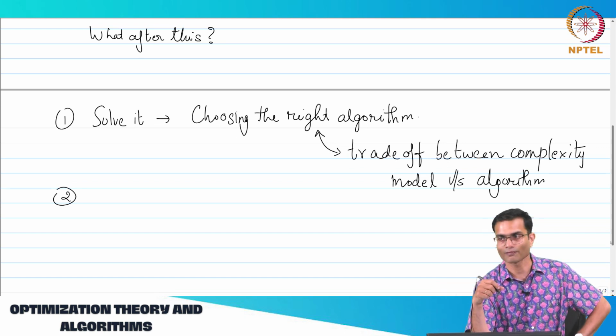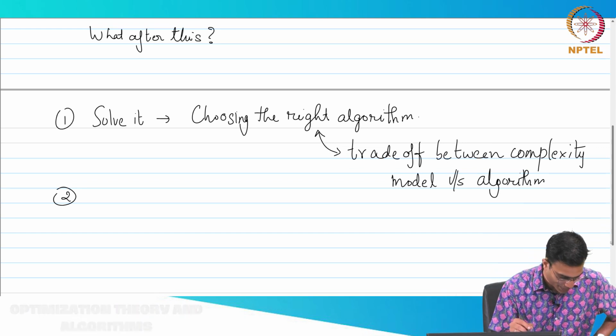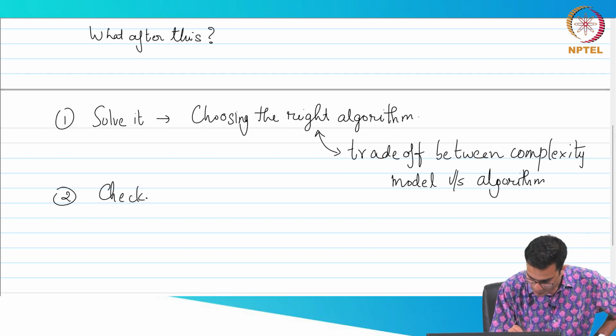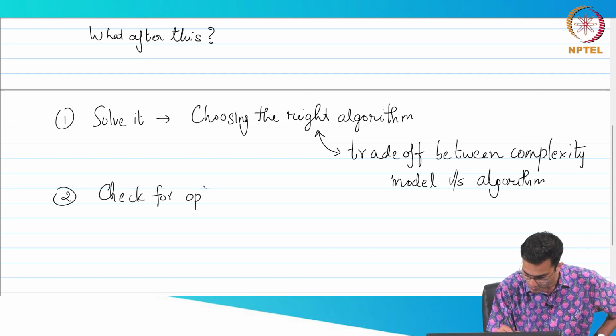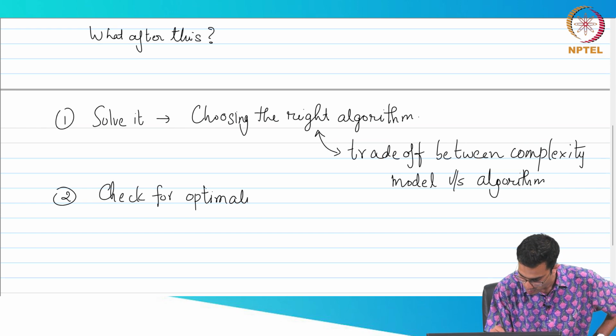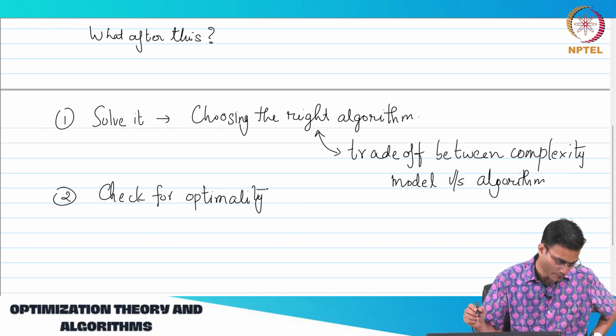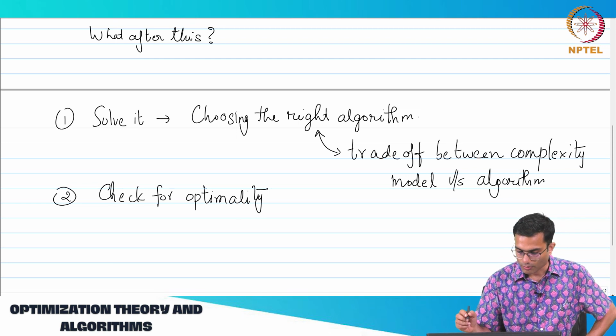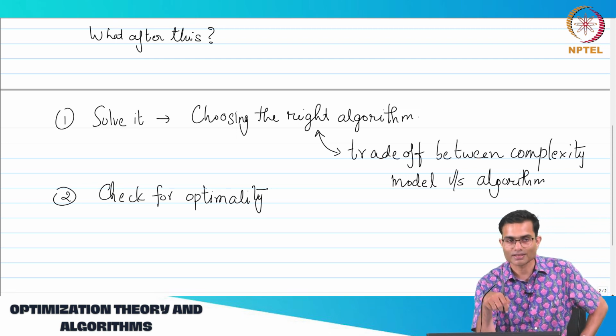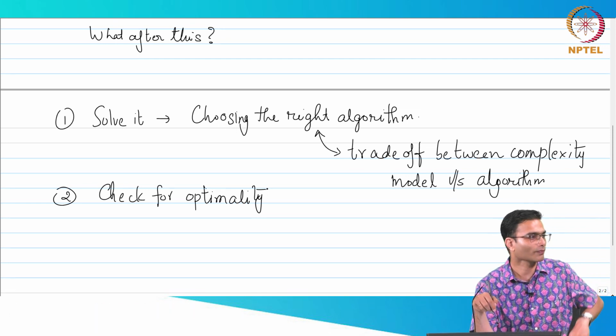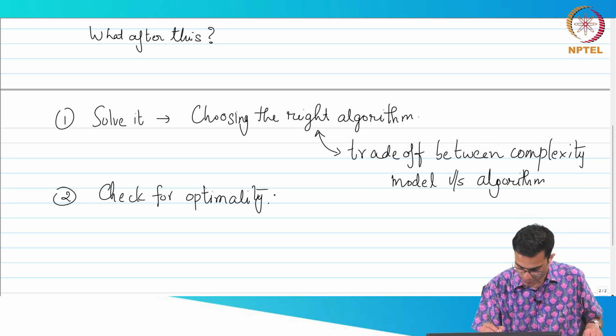But we will see why we have to check. Let's make a note of that. You have to check for optimality conditions. A little later in the class, I'll give you an example of when this will become very useful. We'll just put that on hold for now.